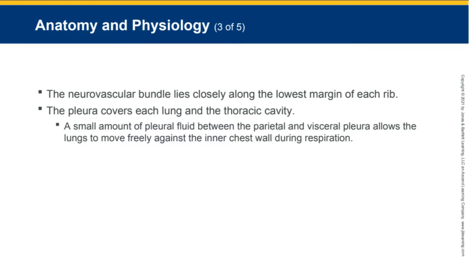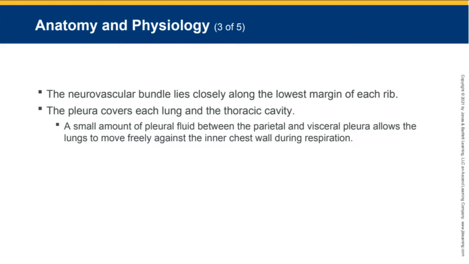The pleura is the membrane that covers the lung tissue, and the pleura has an inner lining and an outer lining. So you have the visceral pleura. The word viscera means organ, so the visceral pleura is attached to the lungs. Then you have the parietal pleura, which is attached to the outer cavity. The outer lining is the parietal, so that's attached to the outer thoracic cavity.